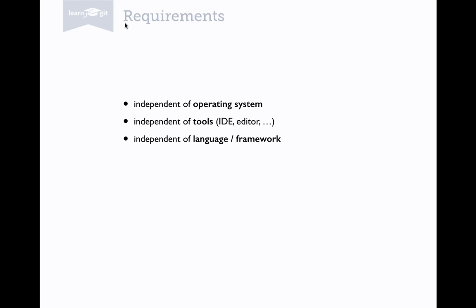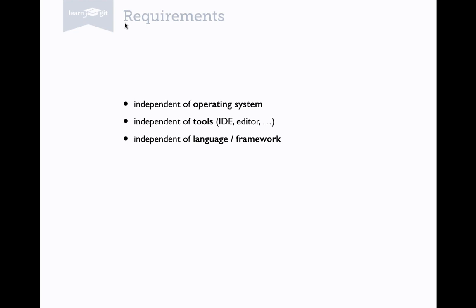Another good thing about version control, and version control with Git, is it's completely independent of the operating system. You can use it on Linux, on Mac, on Windows, and it's also independent of the tools. There's no special editor or image processing app or IDE you have to use. You can use your favorite apps to work on your project and don't have to worry about that.